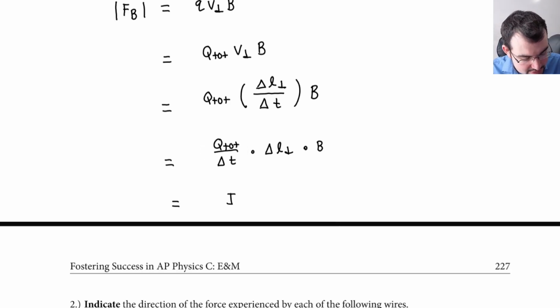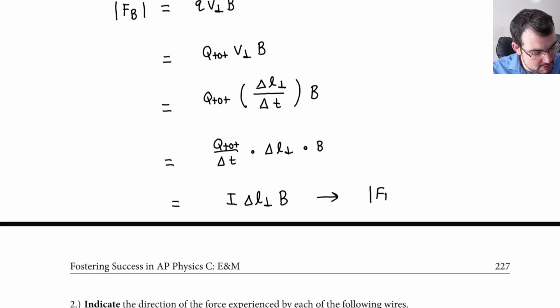So we can write this as I times our perpendicular length in that segment of wire times B. So if we take this over the whole wire, we just sum up all the little delta L's and we would get our BIL force. F_B equal to BIL.